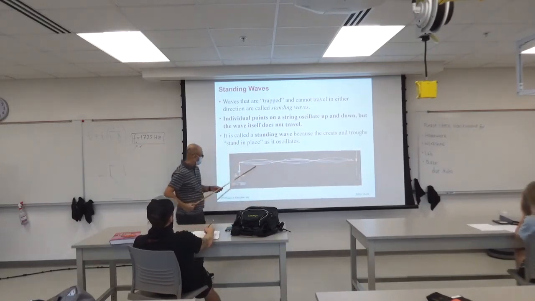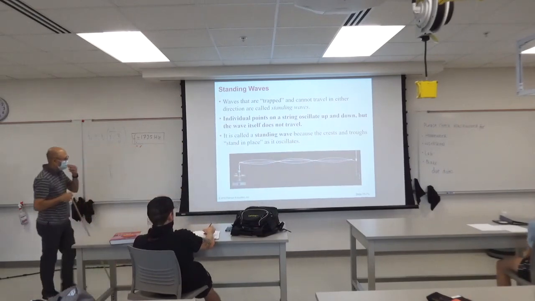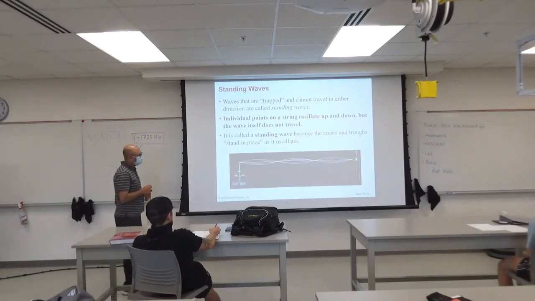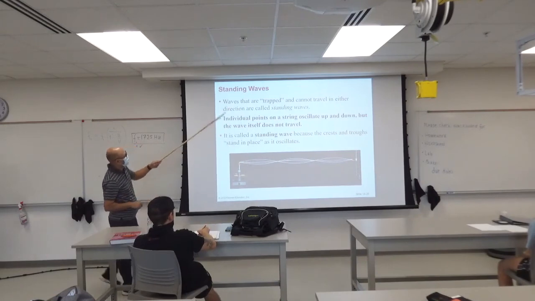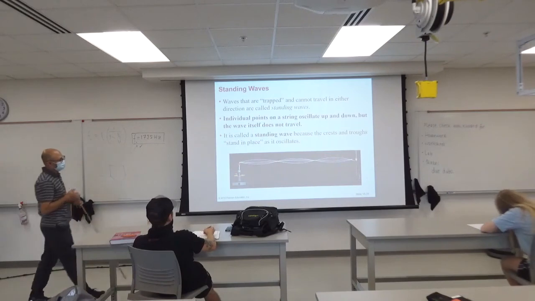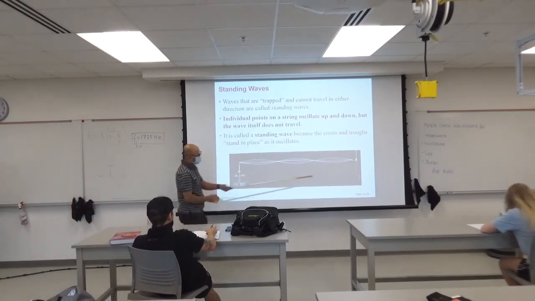So the wave is trapped in these two boundaries. When the waves get trapped in the boundaries, the waves are called standing waves. So standing waves are the waves that are trapped and cannot travel in either direction. The wave cannot travel beyond that boundary or beyond that boundary.